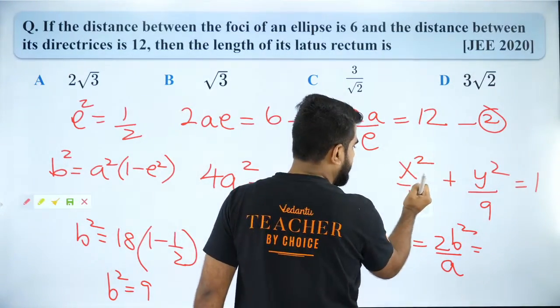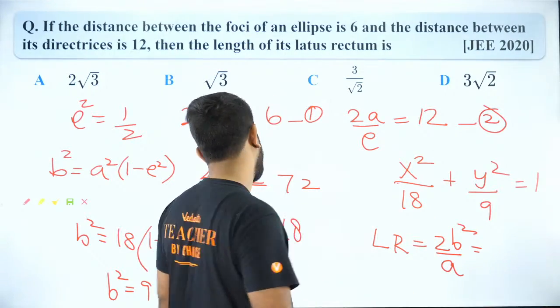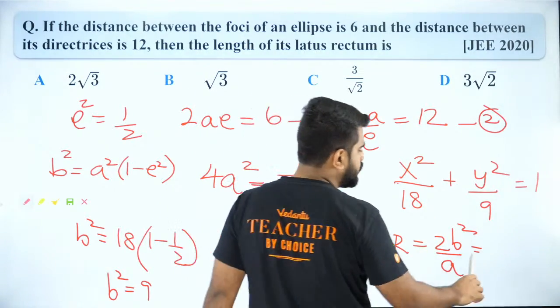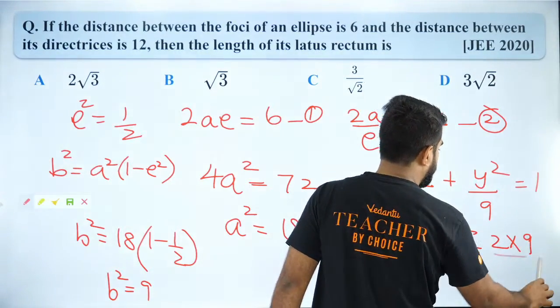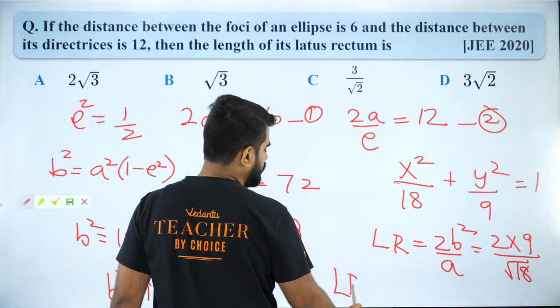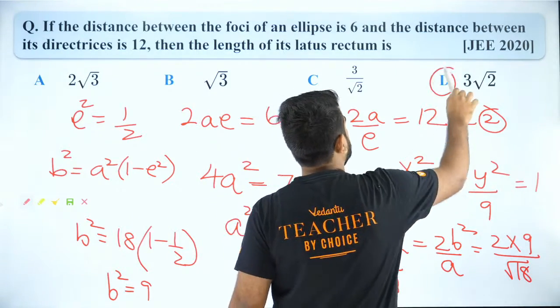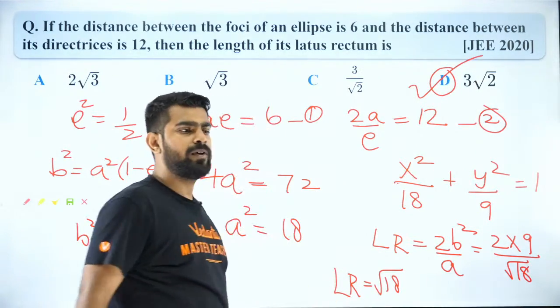I'm sorry, this is 18, right? Not 12. I'm sorry, this is 18. I think I wrote it 12. Yeah, so 2B square by A means 2 into 9 by root 18, which will be root 18. So latus rectum is also root 18. So root 18 is nothing but 3 root 2. That's the answer. I hope everybody got it.